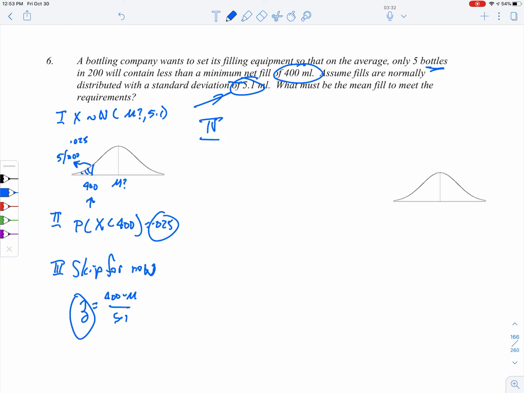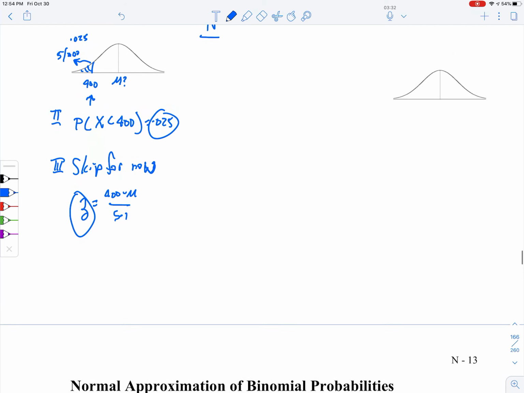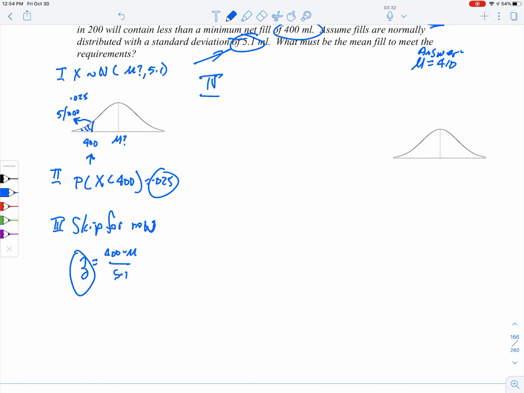So I want you to pick this up on step number 4 and follow this through, find out what case it is, go through, find out what that is, and you'll end up with the mean. I'll give you the answer. The mean turns out to be 410. So there's the answer. But I want you to get there. We will take that up in class. And that will take us into the last part after that.